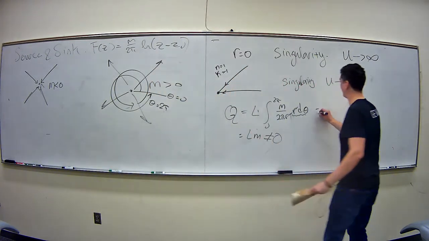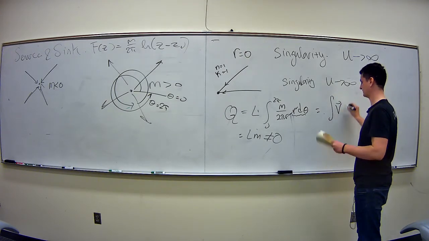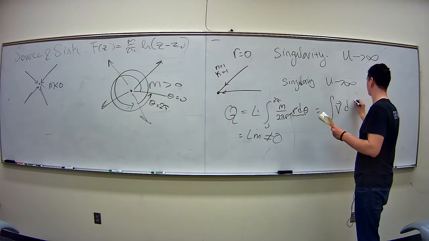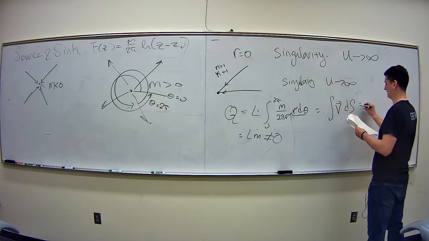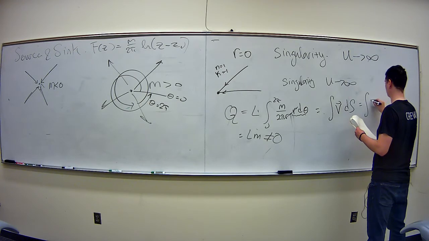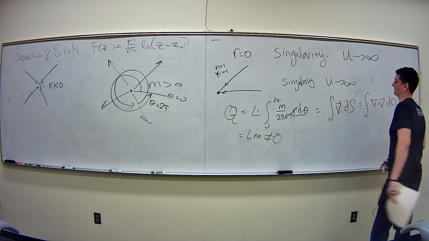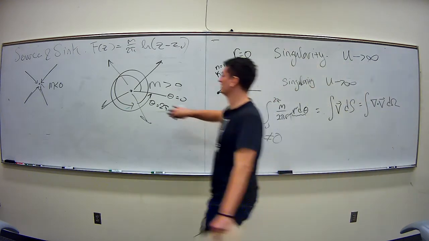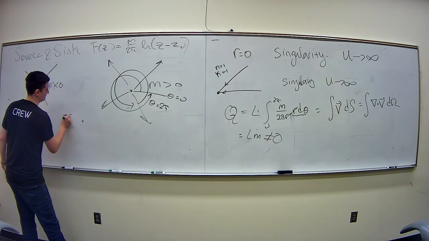And the problem with that, you can see right from there, is that this is really a velocity over a surface, where I have my surface right here. So this integral is a surface velocity of, here's my sink.